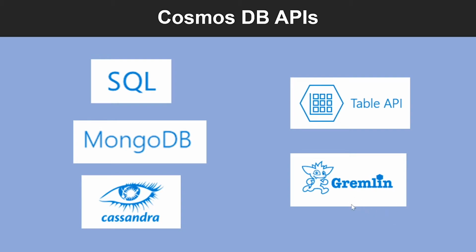The last one is Gremlin. Choosing Gremlin as the API provides a graph-based view over the data. Remember that at the lowest level, all data in any Azure Cosmos DB is stored in ARS format. And a graph-based view on the database means data is either a vertex or an edge.